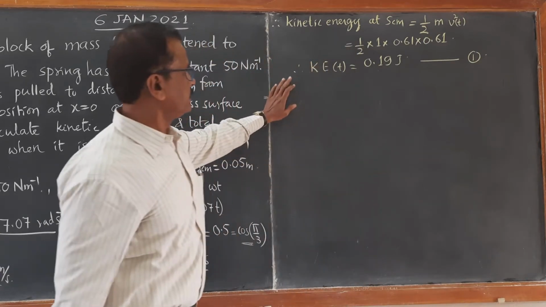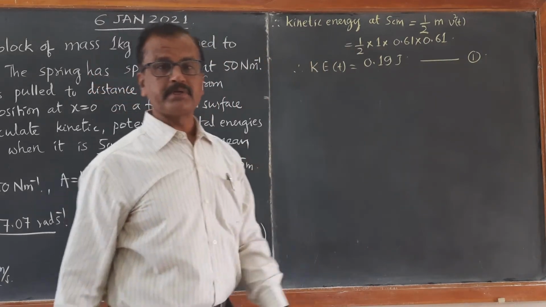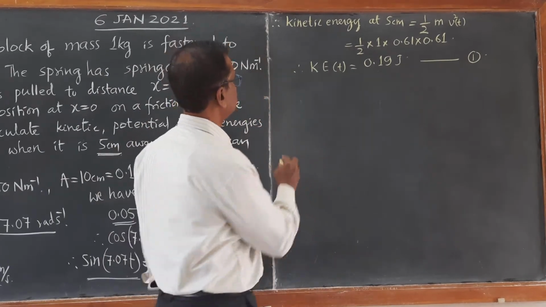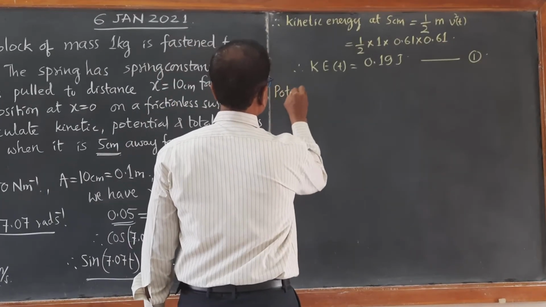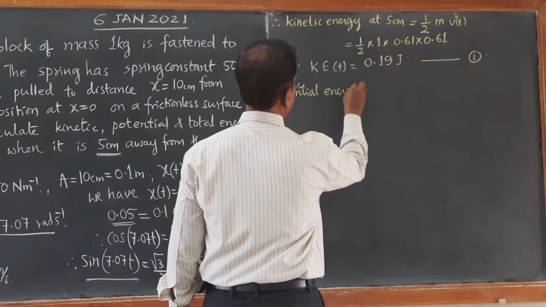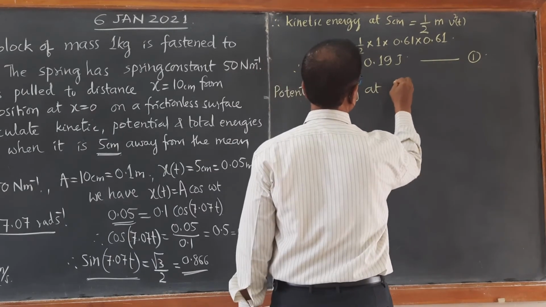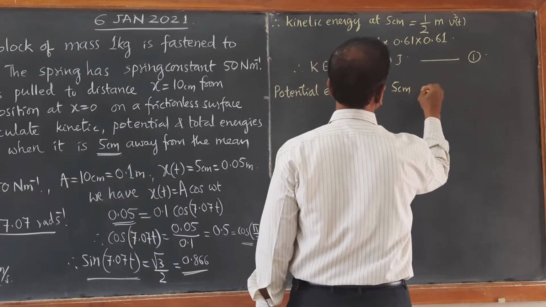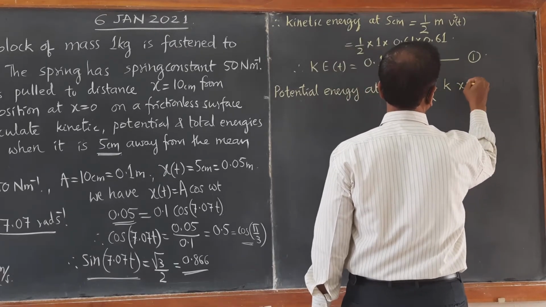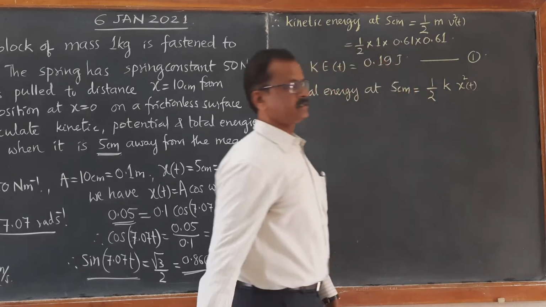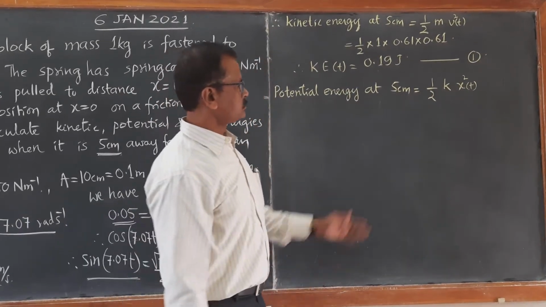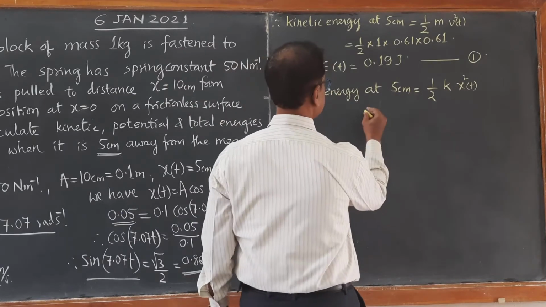Once we get the kinetic energy, now we can calculate the potential energy at that instant of time at 5 centimeter. Potential energy at 5 centimeter is equal to half k x square. We know k, the spring constant.